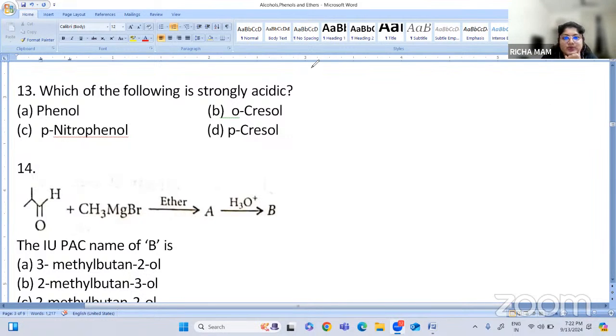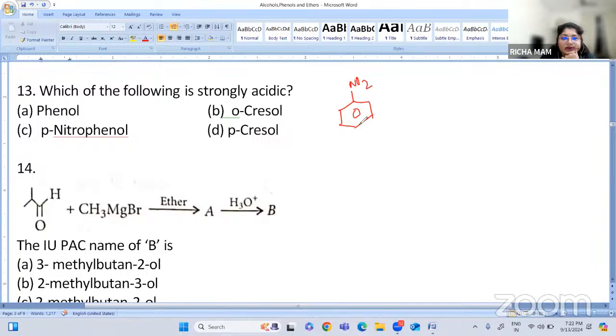Which will be strongly acidic? Electron withdrawing groups, right? They will decrease the electron density, and thus there will be an increase in the acidic strength.